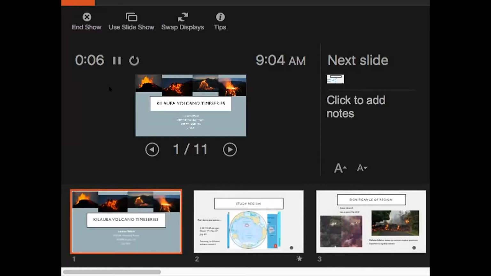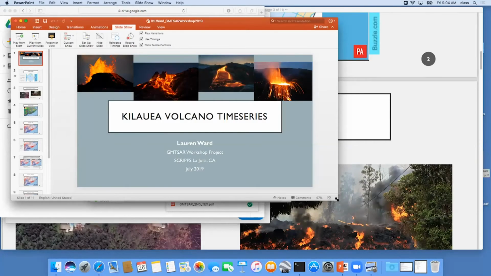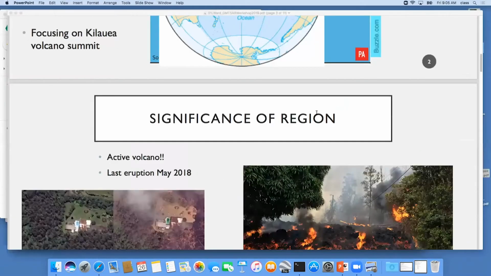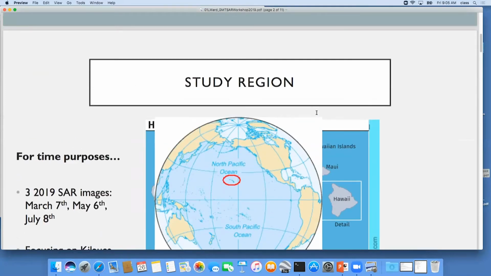The problem is, it comes out really small, but it's bigger on the other screen. PowerPoint doesn't work for presentation mode. It's not a big deal. I just have some plots on top of each other right now. Is this okay?